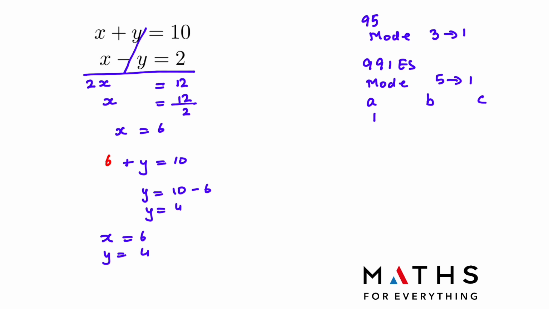Then for y also the coefficient is 1. Press equal. And C is 10. Press equal. You will move on to the second line and you are going to repeat 1, negative 1 and 2. This will give you x is 6 and y is 4. Make it a habit of always checking your answers in the calculator. Anything that can be checked in the calculator must be checked.